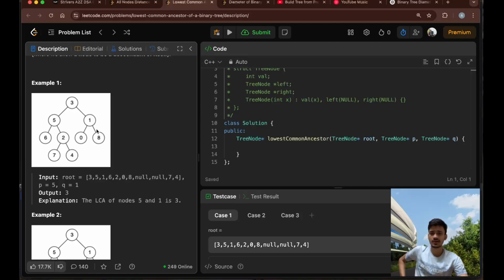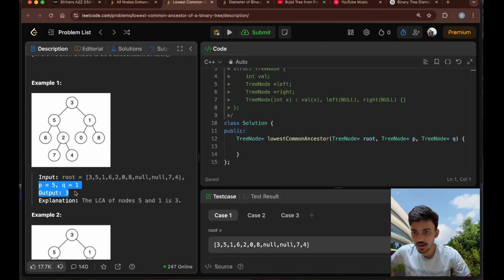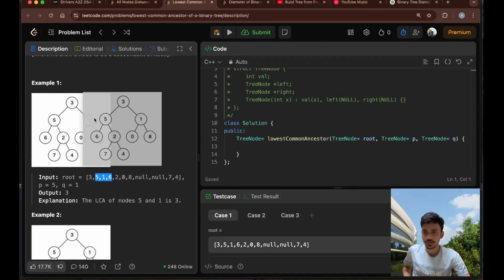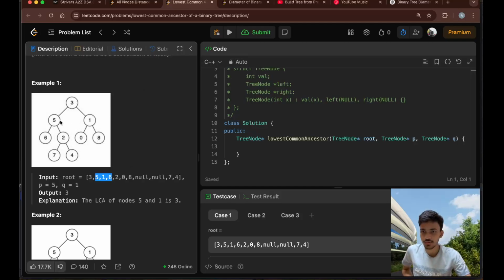Here P and Q are 5 and 1. So 3 is our answer.